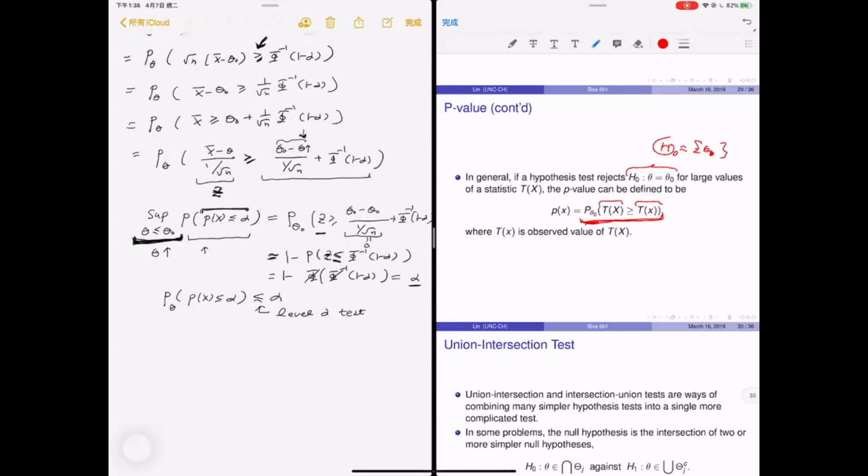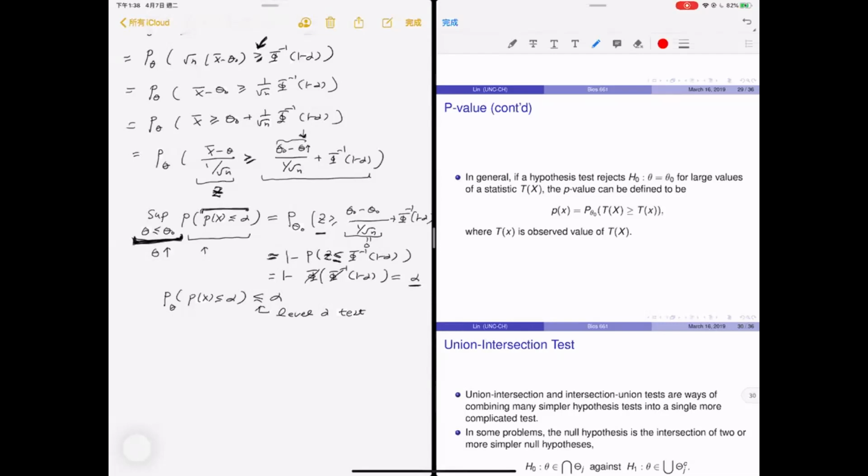So let me say something. I'm trying to talk to you about why people don't like p-value, and you don't necessarily like it, but it's a criterion for making decisions.